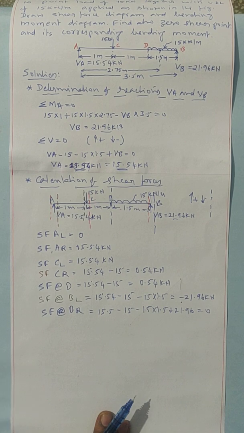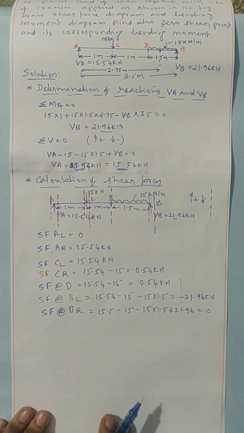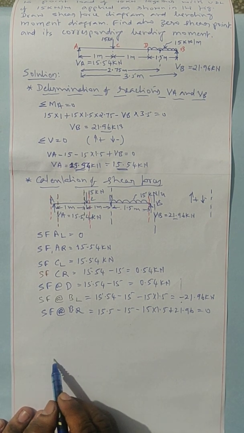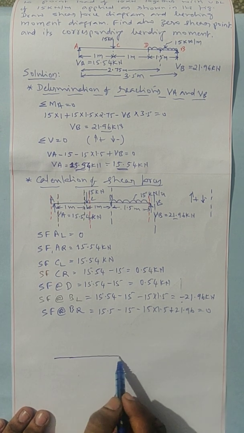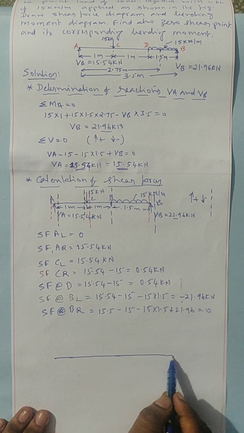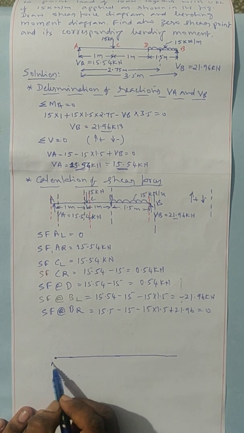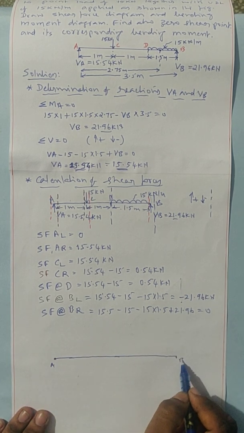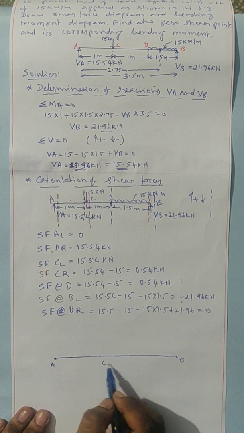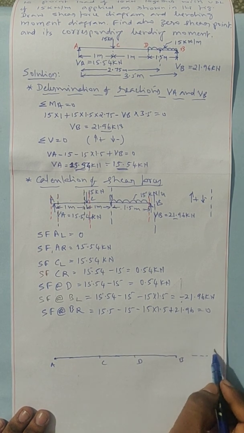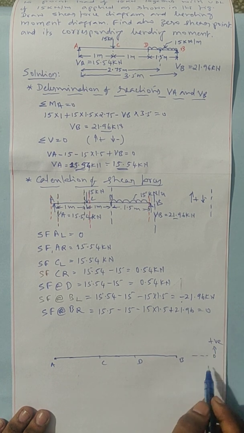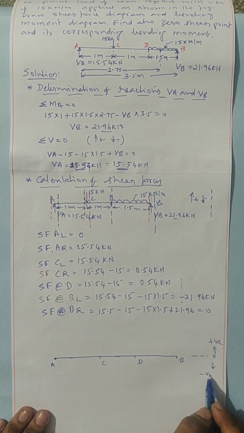Next we have to draw the shear force diagram. For drawing the shear force diagram, we first have to draw a reference line. This point is A, this point is B, C, D. On the center line 0, above this we mark positive values, below this we mark negative values.